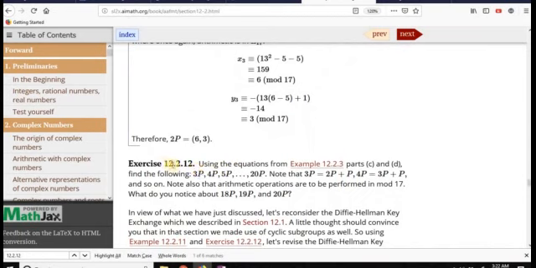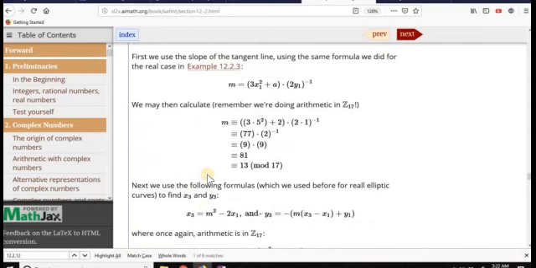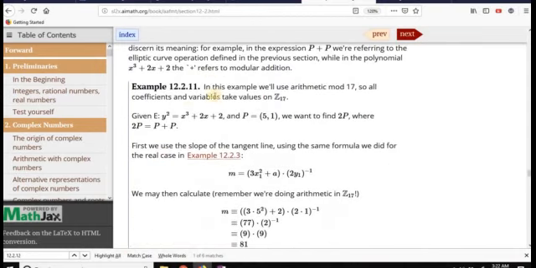In this exercise here, 12.2.12, it's asking you to add repeatedly. But this P here is the P from the previous example.